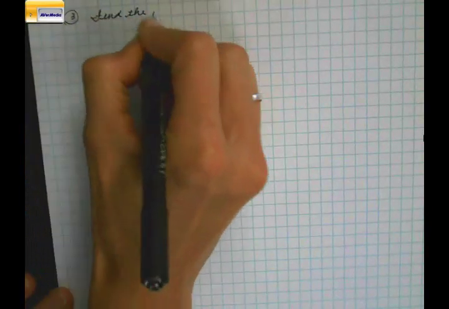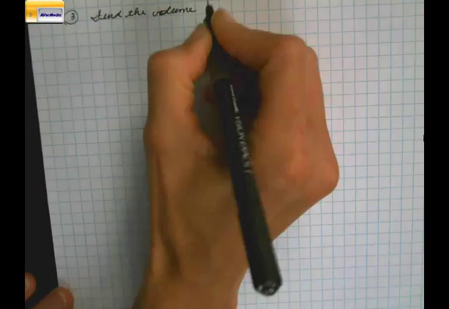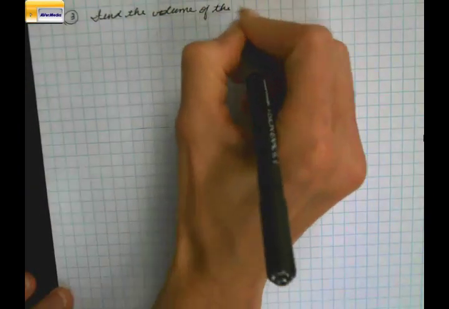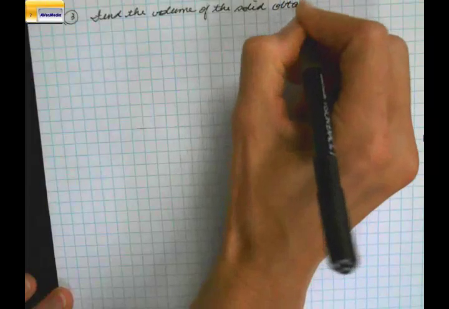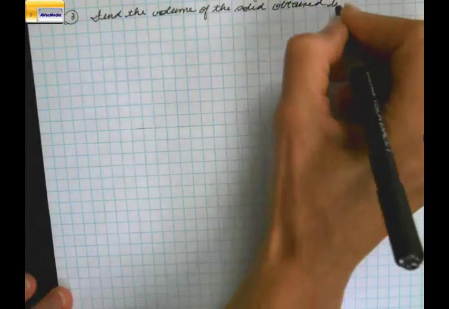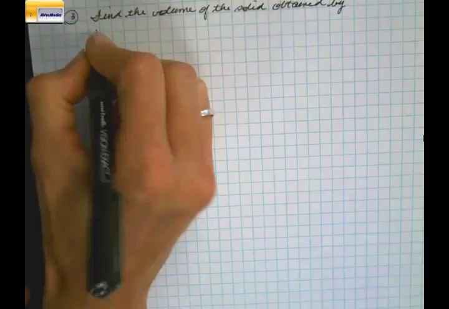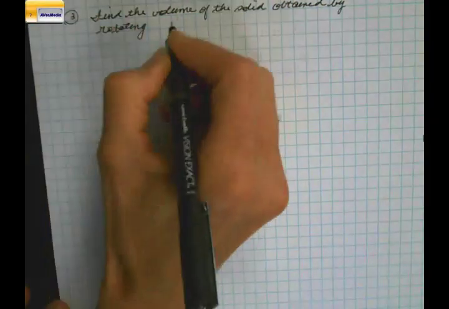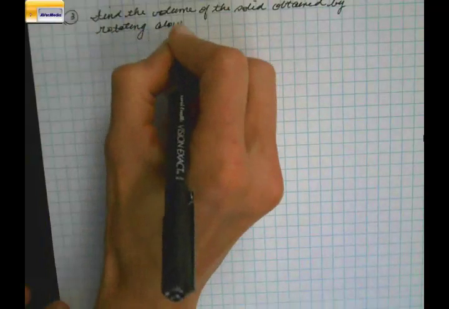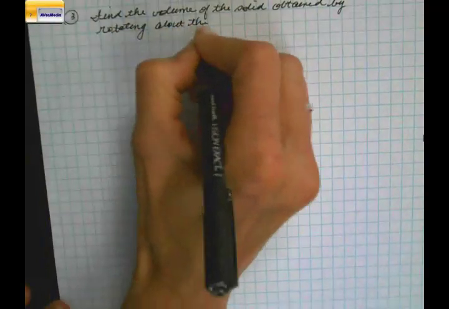Okay, find the volume of the solid. This is still from Stewart. I pulled this from the Stewart book. Obtained by rotating, he writes his questions all the same, by rotating about the y-axis. We're still going around the y-axis.